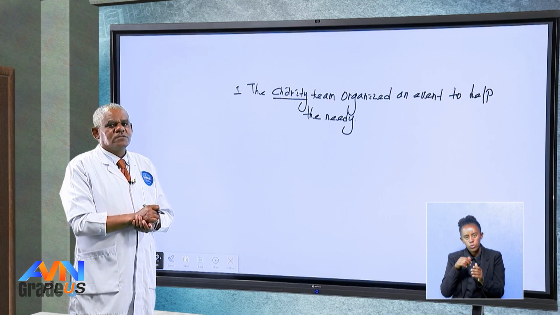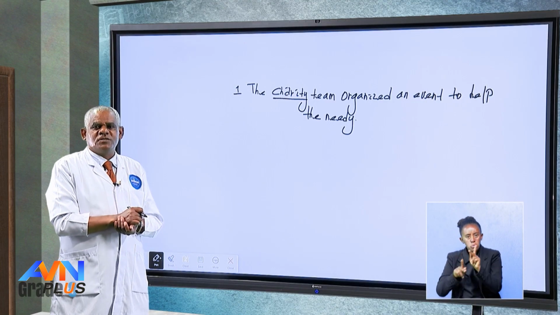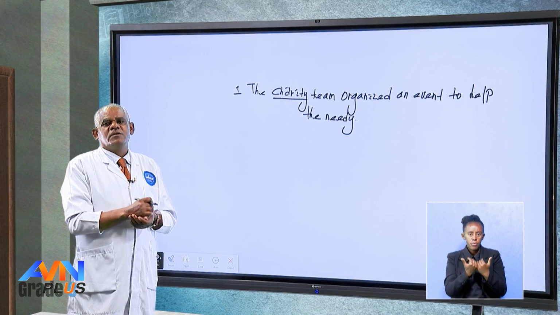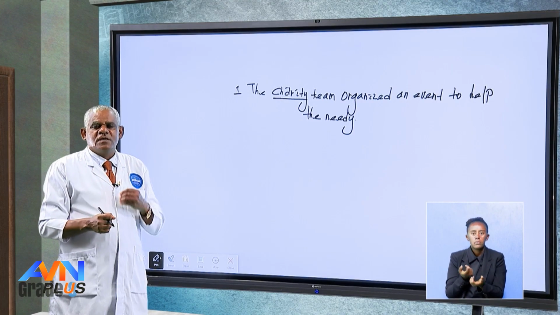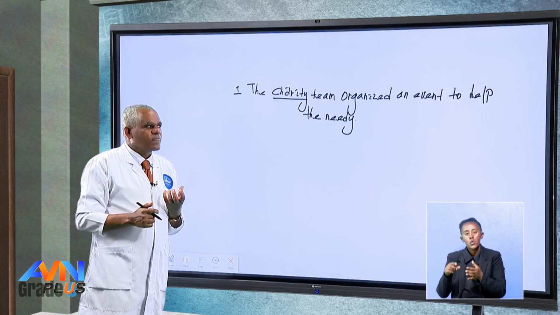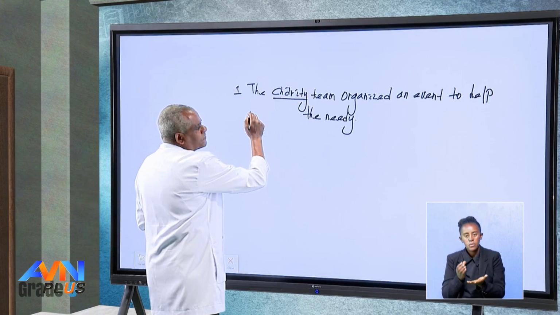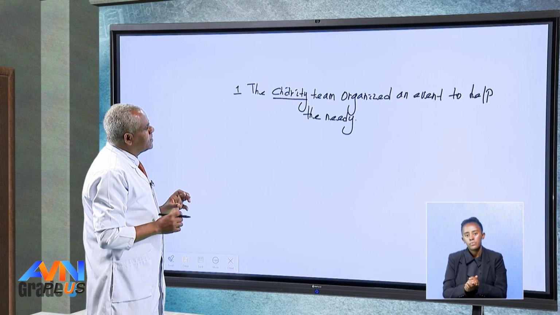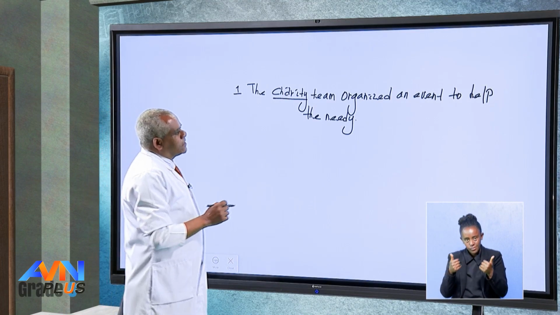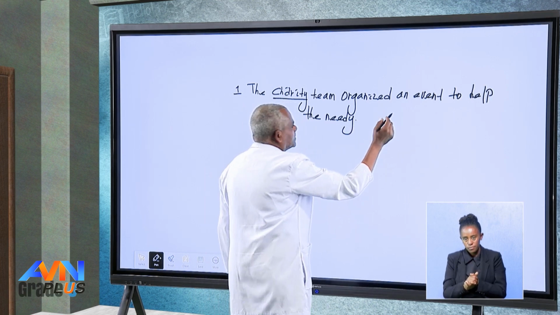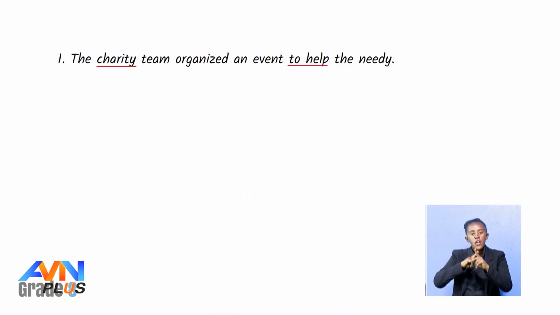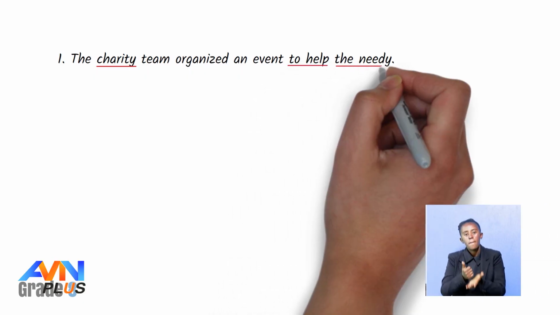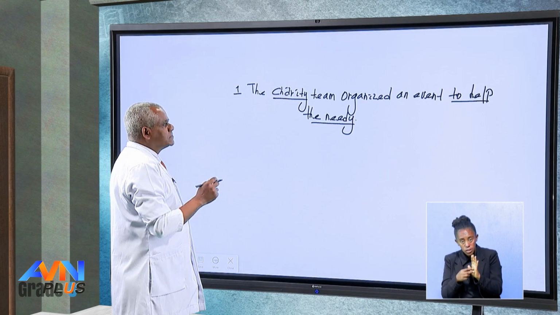The way this group of people or the charity team voluntarily does their activity is in order to change the life of these communities. Therefore, charity is very good. So you are welcome to identify the meaning of charity. Yeah, a special event to help the needy. The needy means those people who need help.